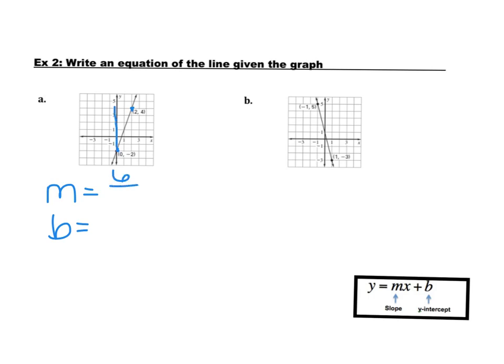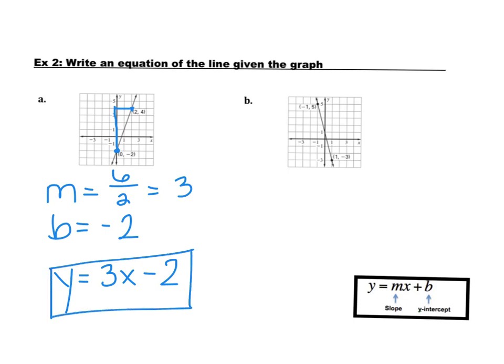So I have a rise of 6, and then I'm going over 2. So I have a slope of positive 3. And our y-intercept, if you'll notice, is crossing the y-axis at -2. So my y-intercept is -2. So I'm going to write my equation in slope-intercept form. I'm going to write y equals 3x, and then I'm going to put -2.